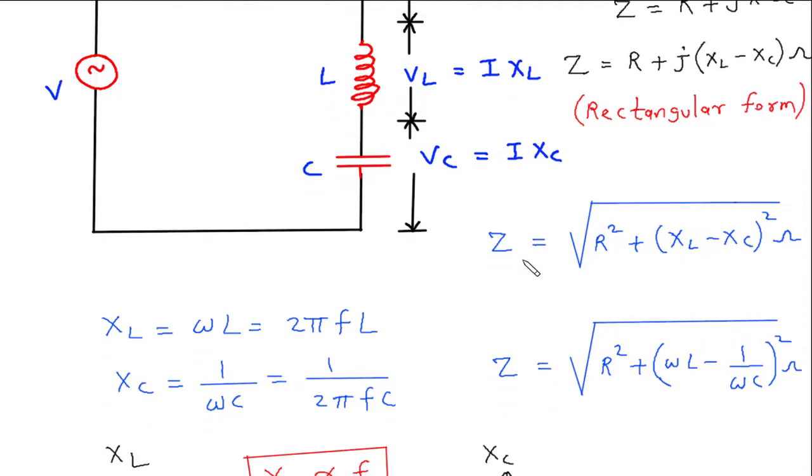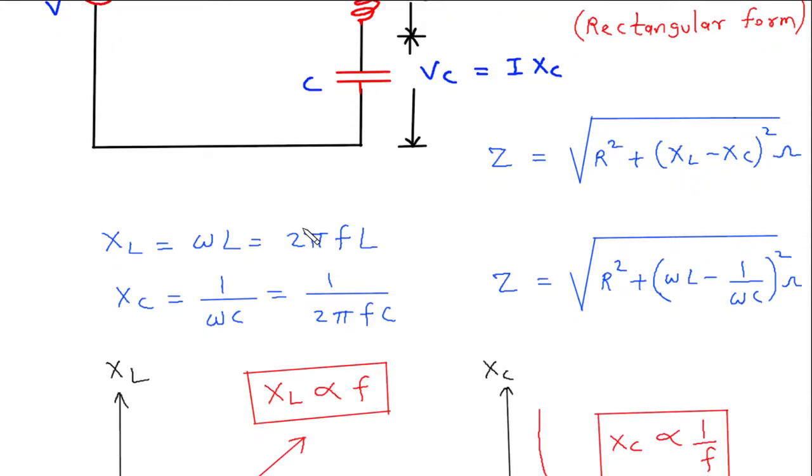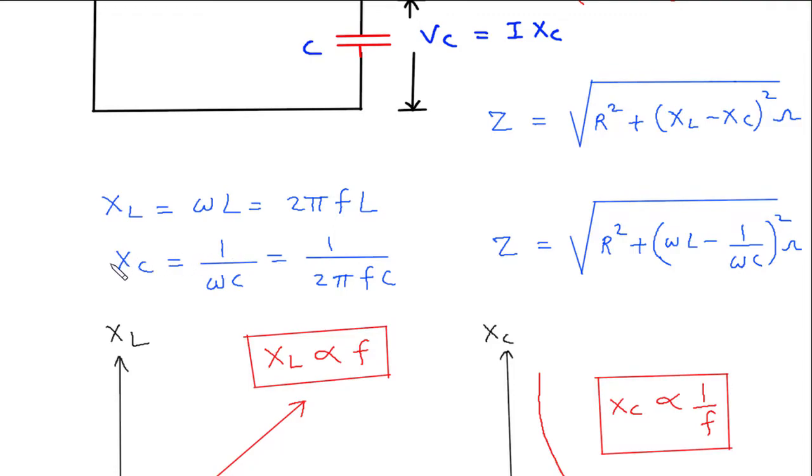Now to find Z, Z is equal to under root of R square plus XL minus XC whole square, where this XL is equal to omega L and it is equal to 2 pi F L. This omega is the angular frequency and this is the frequency. XC is equal to 1 upon omega C and omega is equal to again 2 pi F.